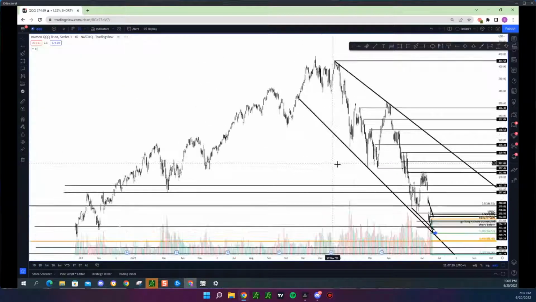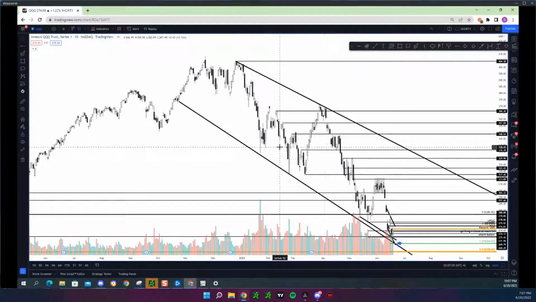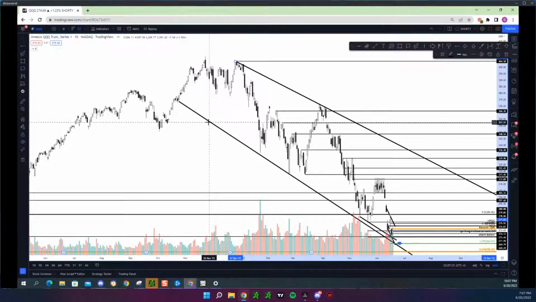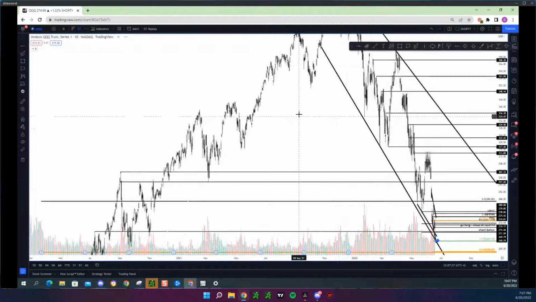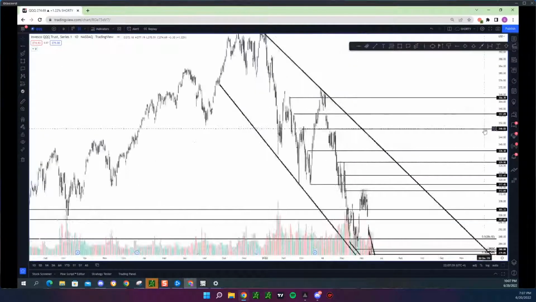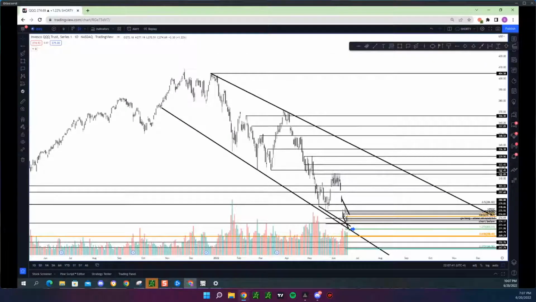What does this look like? What pattern does this look like to be? The black lines, this one and that one. Downtrend. Okay, it is downtrend, but there's a certain pattern that it looks like. Anyone know what?